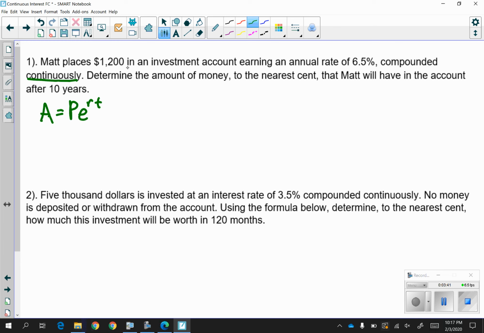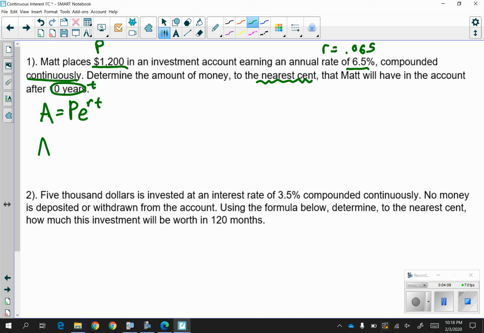The initial amount that he put in is P. He's earning a rate of 0.065 because you have to convert the percent to a decimal. And they want you to determine the amount of money to the nearest cent, that's the nearest hundredths, that he's going to have in the account after 10 years. So that is your time.